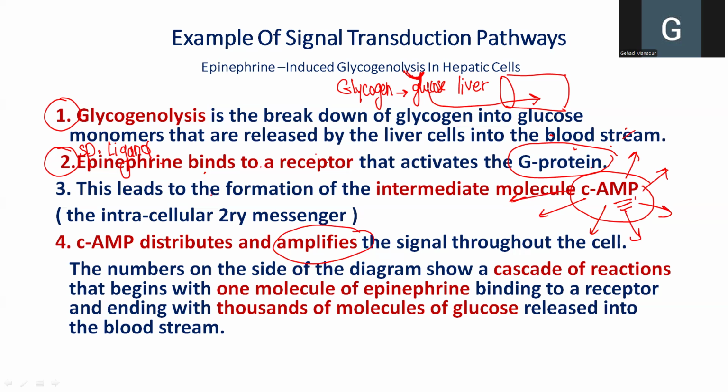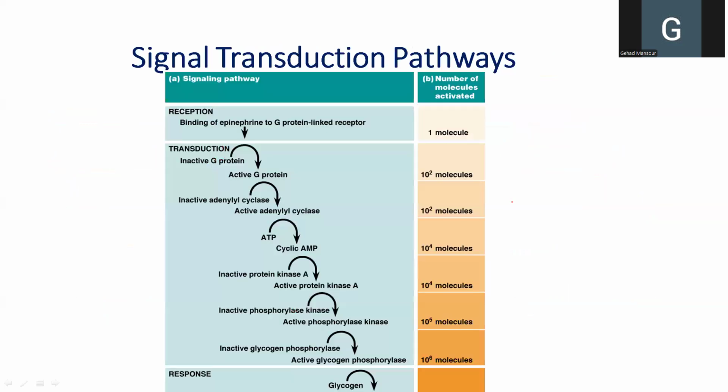Therefore, there is a cascade of chemical reactions that occur afterwards to produce thousands of molecules of glucose. So here, the first step is binding of epinephrine. This is one molecule, and then the process of transduction.